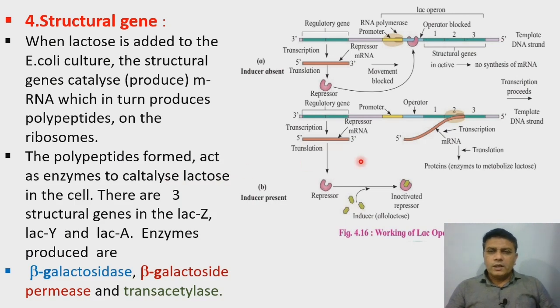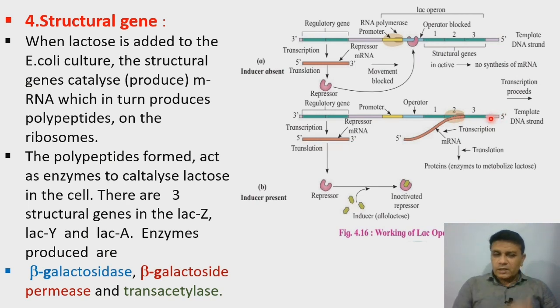In translation, polypeptide chains are produced and these act as enzymes to catalyze lactose in the cell. So these three structural genes are called LAC-Z, LAC-Y and LAC-A.